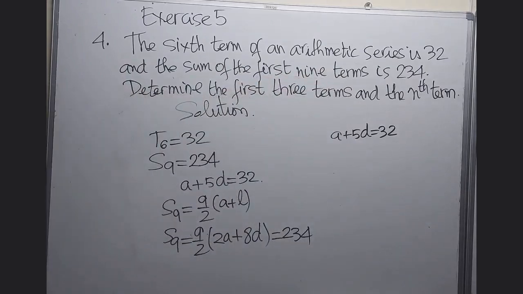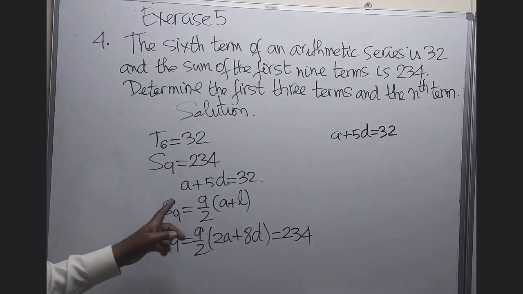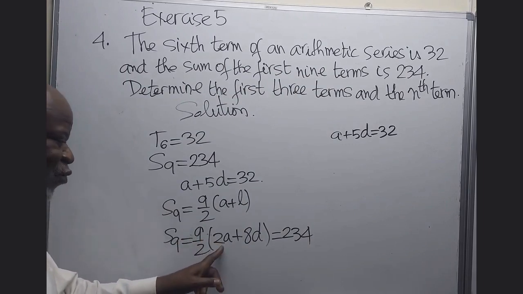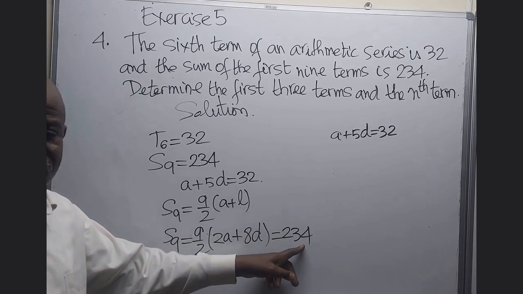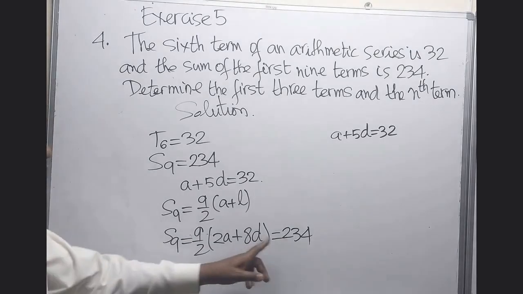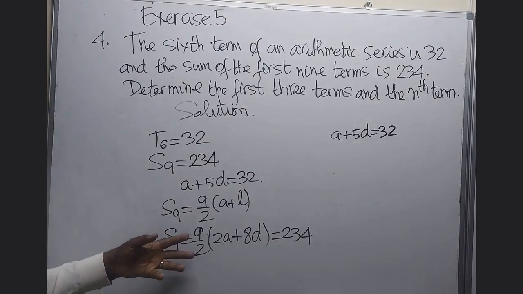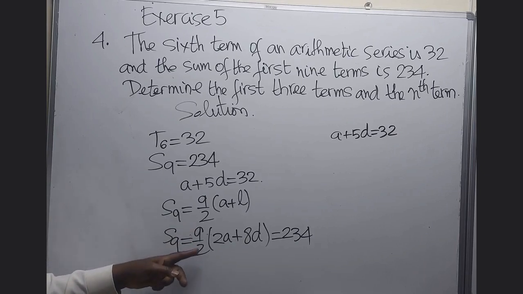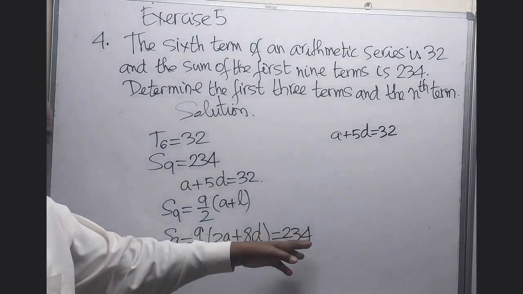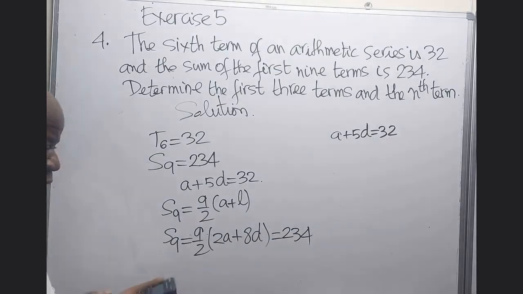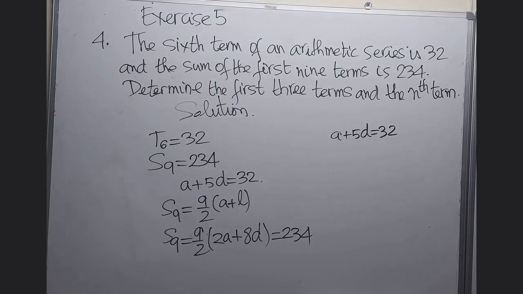Here we are having 9 over 2, 2a plus 8d is equal to 234. So I'm going to multiply 234 by 2 over 9, so that this fraction will be transposed to the other side. So 234 multiplied by 2 over 9.